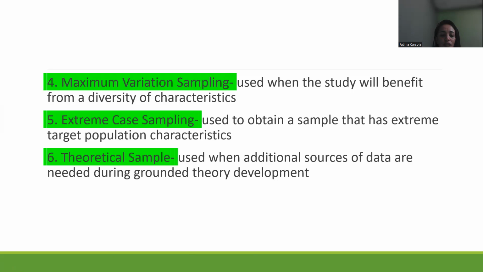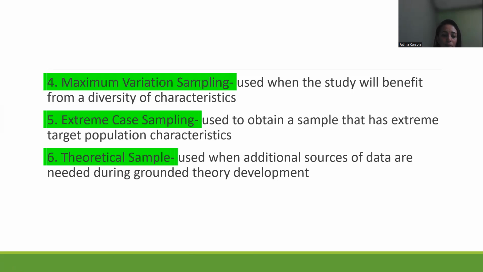For example, if you are studying the postpartum changes or experiences of women in the postpartum period. We have here extreme case sampling. It is used to obtain a sample that has extreme target population characteristics.